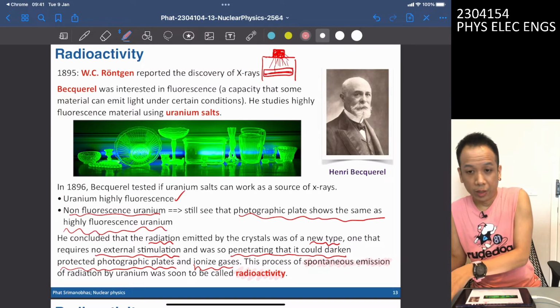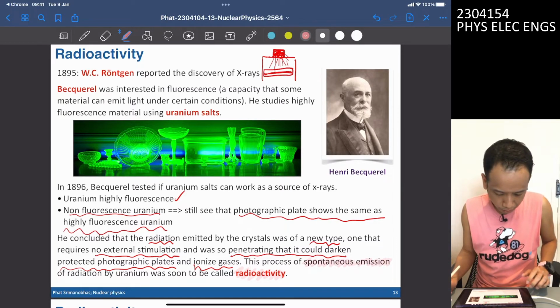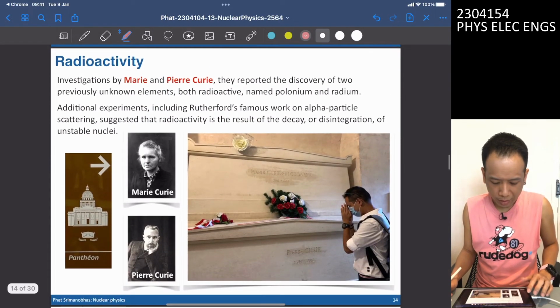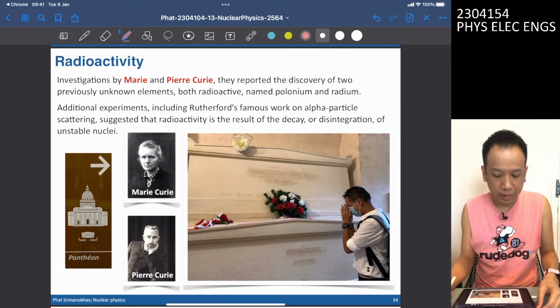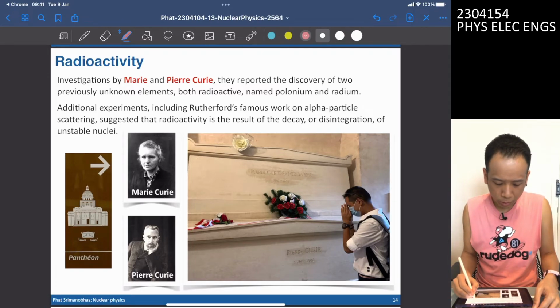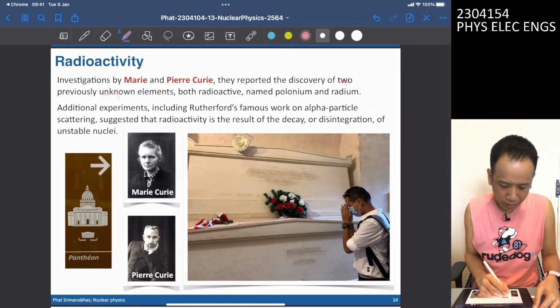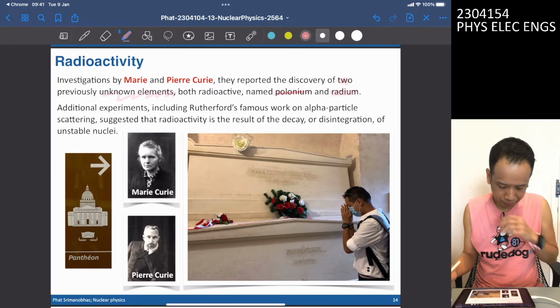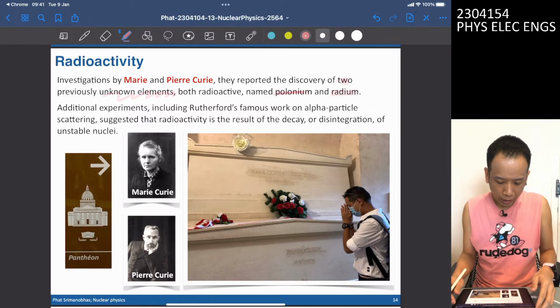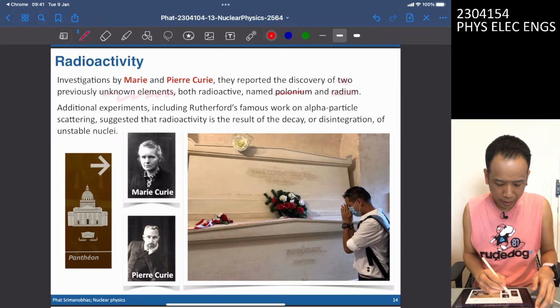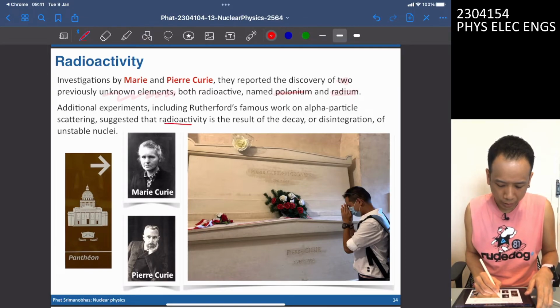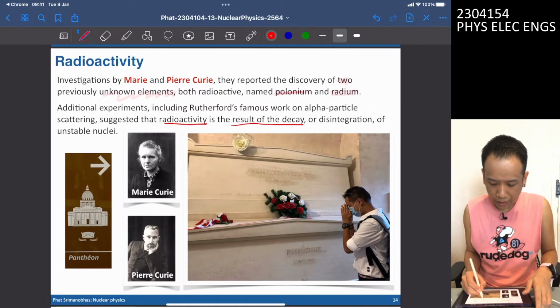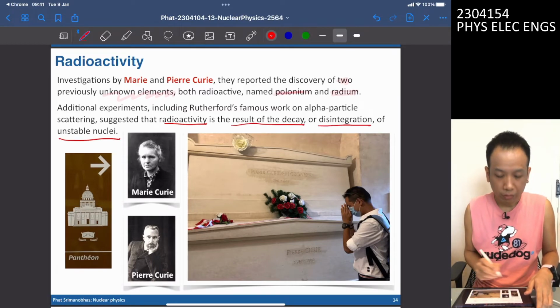After the discovery of radioactivity, on the Paris side, in the investigation by Marie and Pierre Curie, they discovered two unknown elements which are radioactive. At that time they studied polonium and radium. Continuing after that, several experiments came later, and the conclusion is that radioactivity is basically the result of the decay, the disintegration of unstable nuclei.